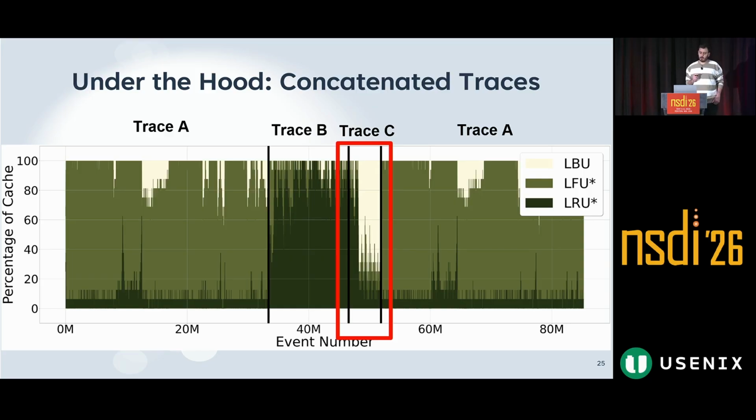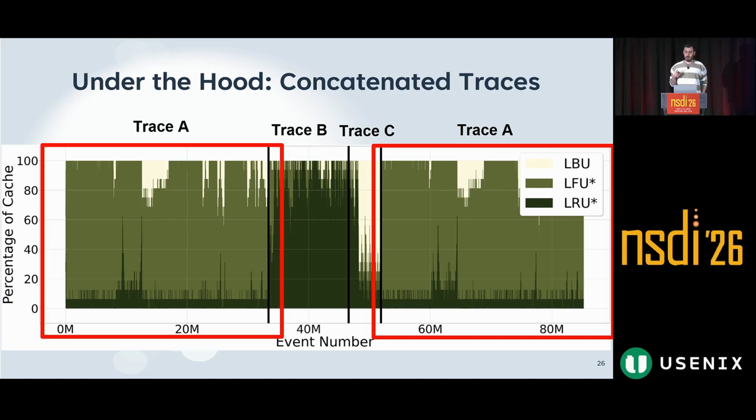And the nicest thing that I want to point out is that we are putting trace A again. The algorithm doesn't know that this is the same trace. What we see here is almost the same picture in both of the cases, and they differ only because we have no items in the cache when it starts, and we have a full cache when we start the second iteration of trace A. And we get almost the same allocations.